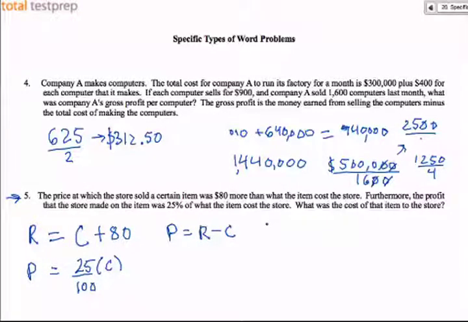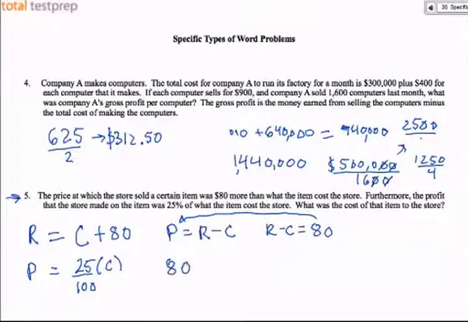And revenue minus cost, if we subtract cost from both sides here, is equal to 80. This makes sense because, as we're told, the revenue is $80 more than the cost. So the difference between the revenue and the cost has to be those $80. So if revenue minus cost is equal to 80, the profit is equal to 80.